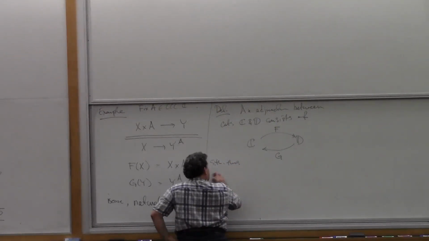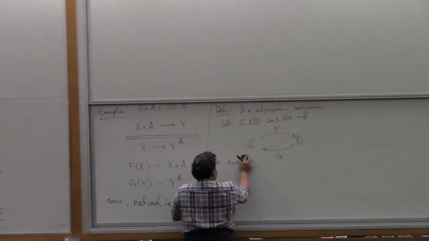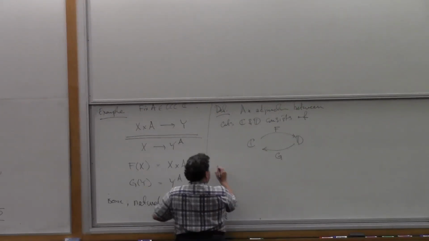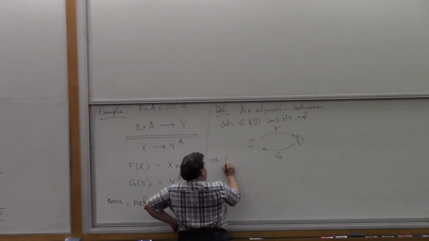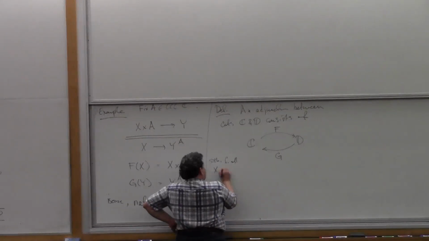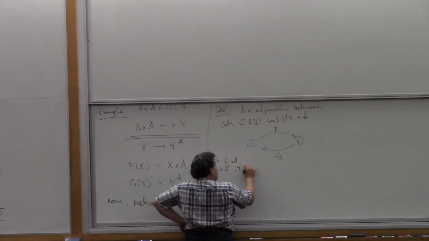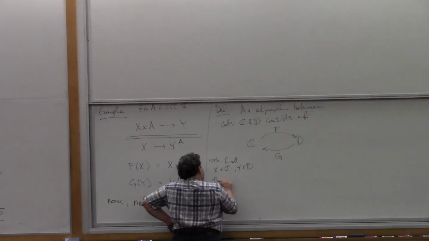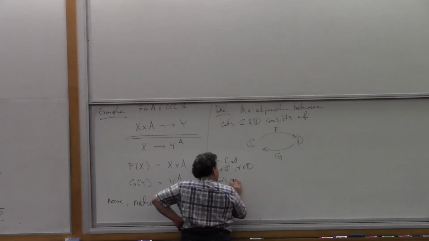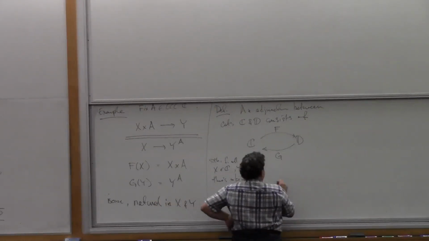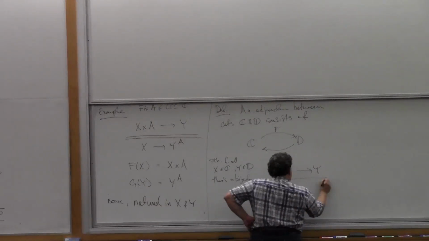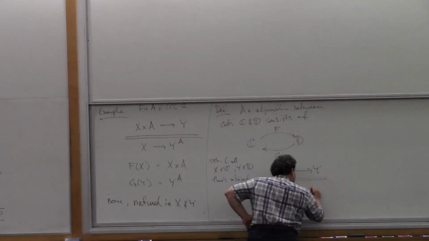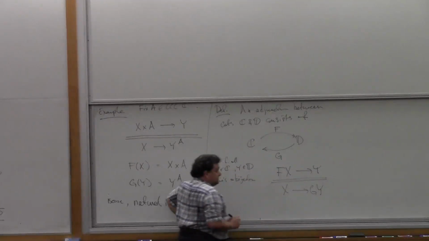Such that, wait a sec, don't write things down until I've finished because I might change it. I'm making this up as I go along, you know. Such that for all x in C, y in D, there's a bijection, of exactly this form: F of x into y corresponds bijectively to x into G of y.